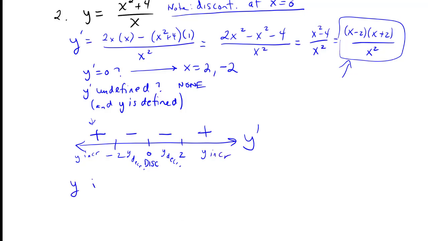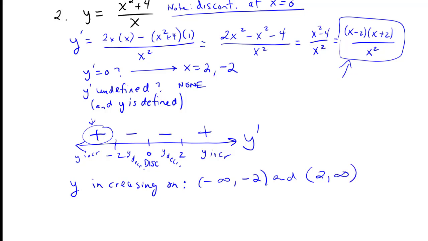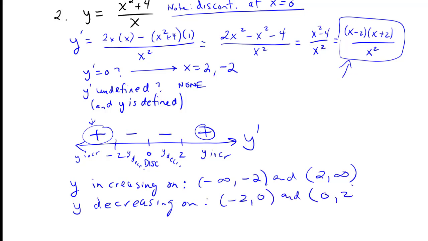So I could say that y is increasing on -infinity to -2 because of this interval, and 2 to infinity, while it's decreasing on -2 to 0, and 0 to 2.